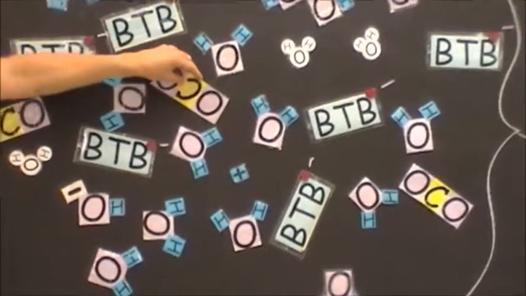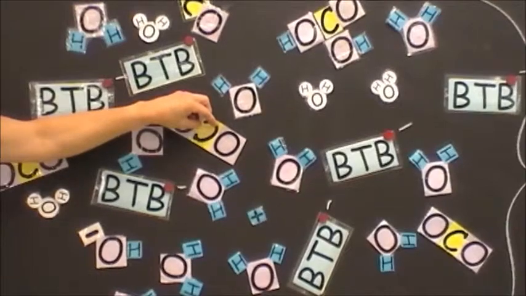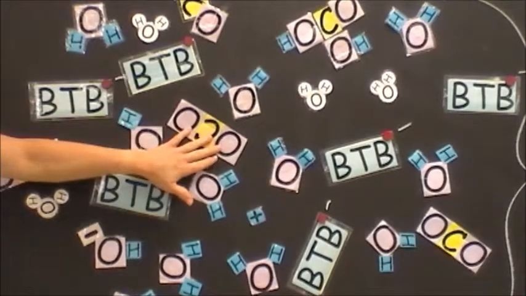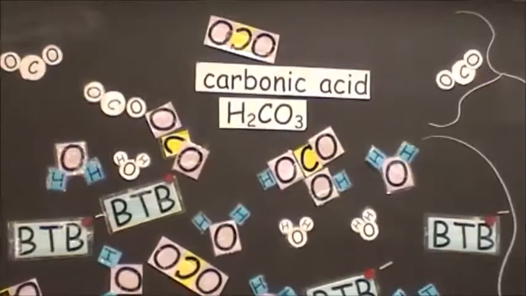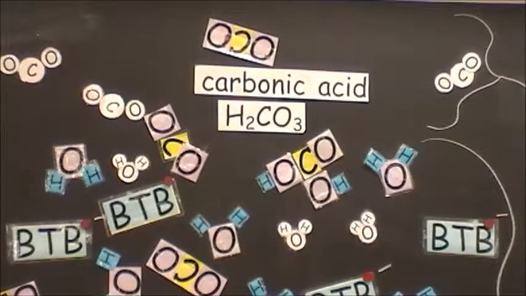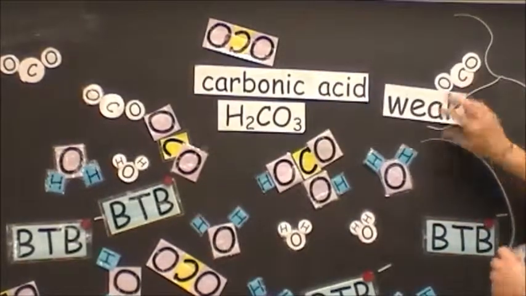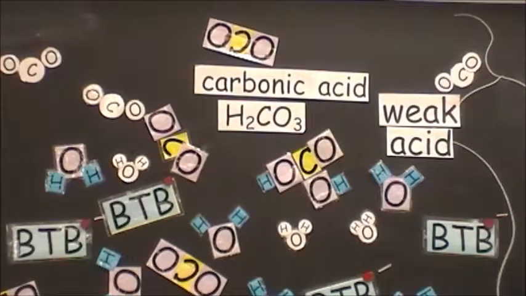Carbon dioxide has a difficult time dissolving in water. And if it does dissolve in water, not all the carbon dioxide forms carbonic acid. And actually, that is the reason that we call carbonic acid a weak acid. It's not a strong acid.